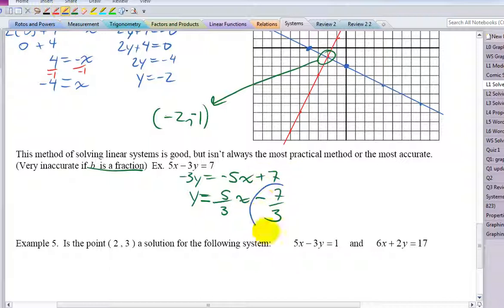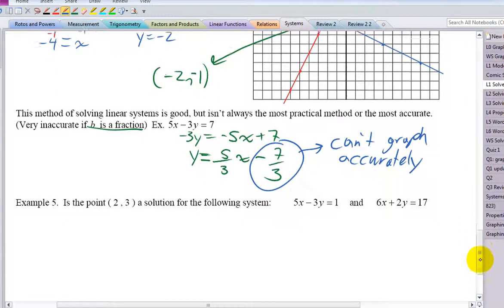This you can't graph accurately. And that's why we have to do our other methods that we're going to learn tomorrow and the next day. Because -7/3, you can guess, totally guess, but you won't know exact values. So it's not a good way. Okay?